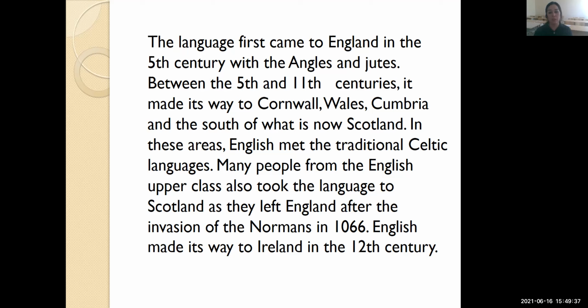As we know nowadays, 80% of the words of the English language are borrowed words, and the English language borrowed words from different kinds of languages. And if you know the French language, you may notice that there are lots of words from French.